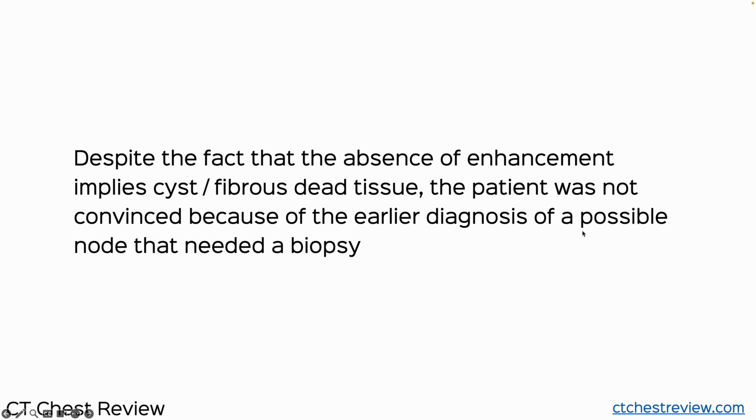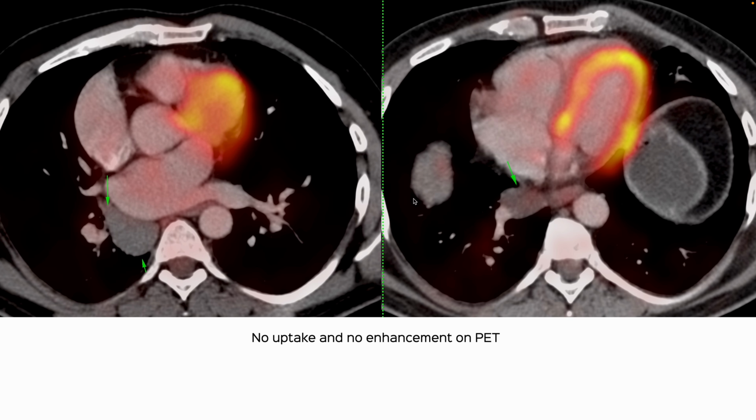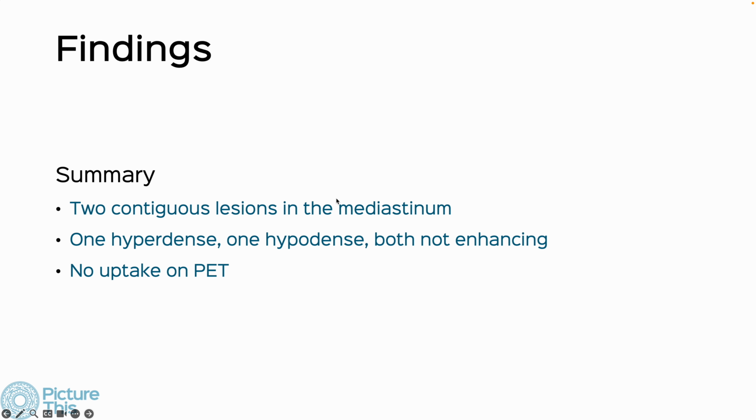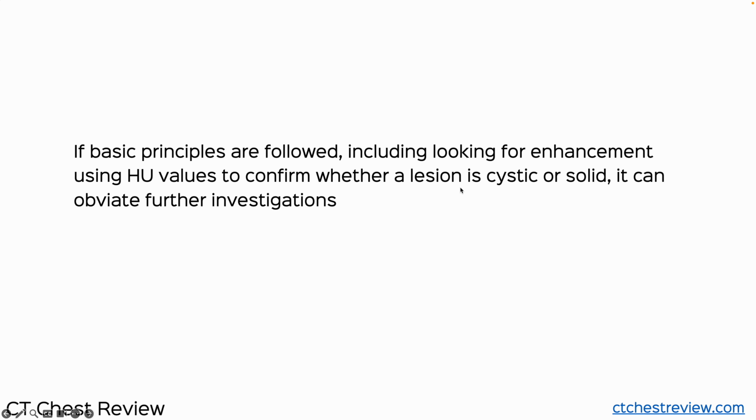So if there's no enhancement, it implies that it's a cyst. The patient didn't agree, so we did a PET CT. There was no uptake. Finally agreed that a biopsy was not required and you can just leave it alone, and that's a bronchogenic cyst.